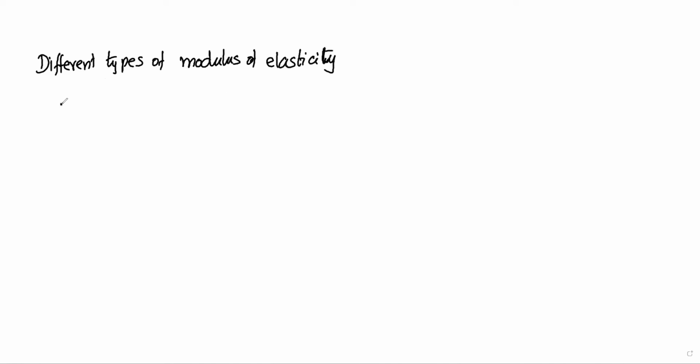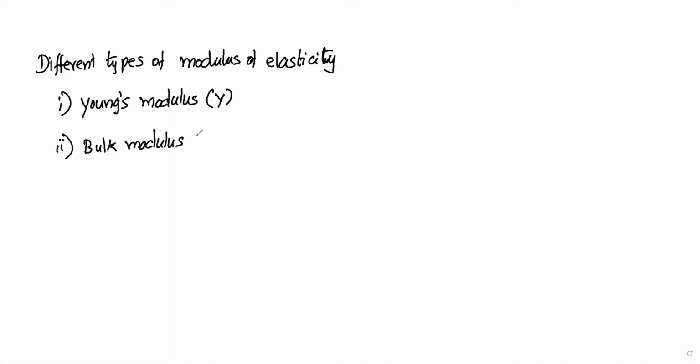First one, Young's modulus, Y. Second one, bulk modulus, K. Third one, modulus of rigidity, that is eta.